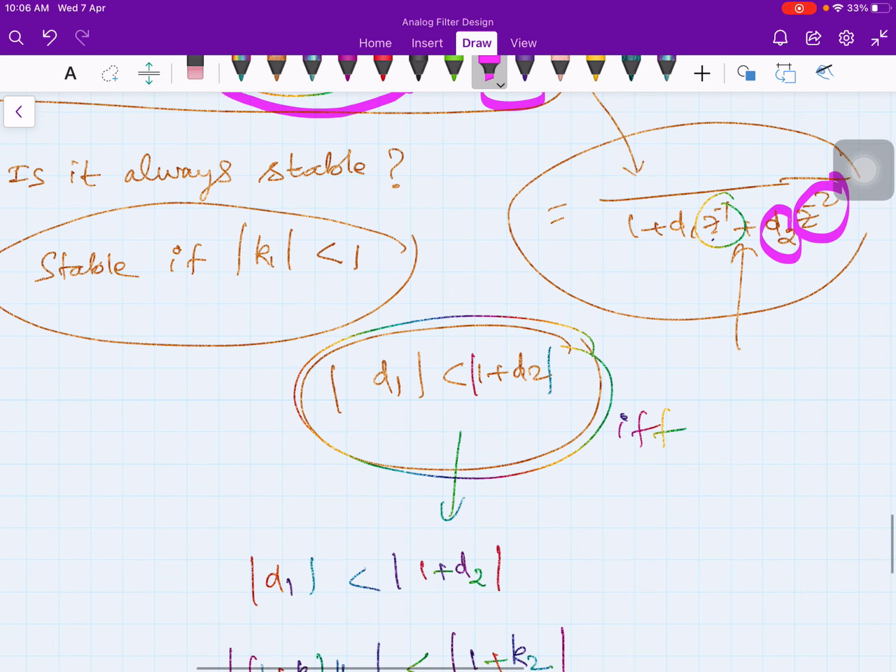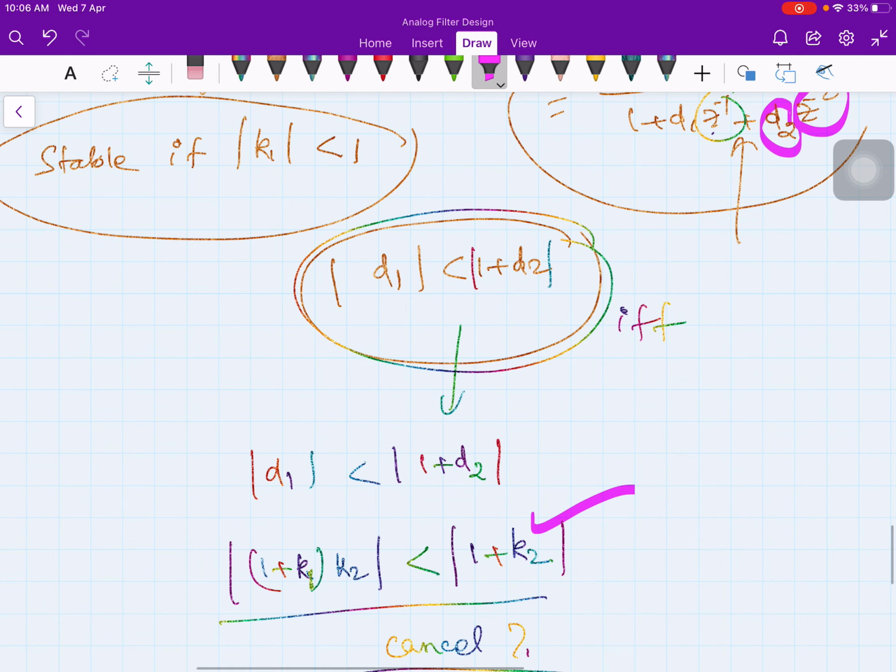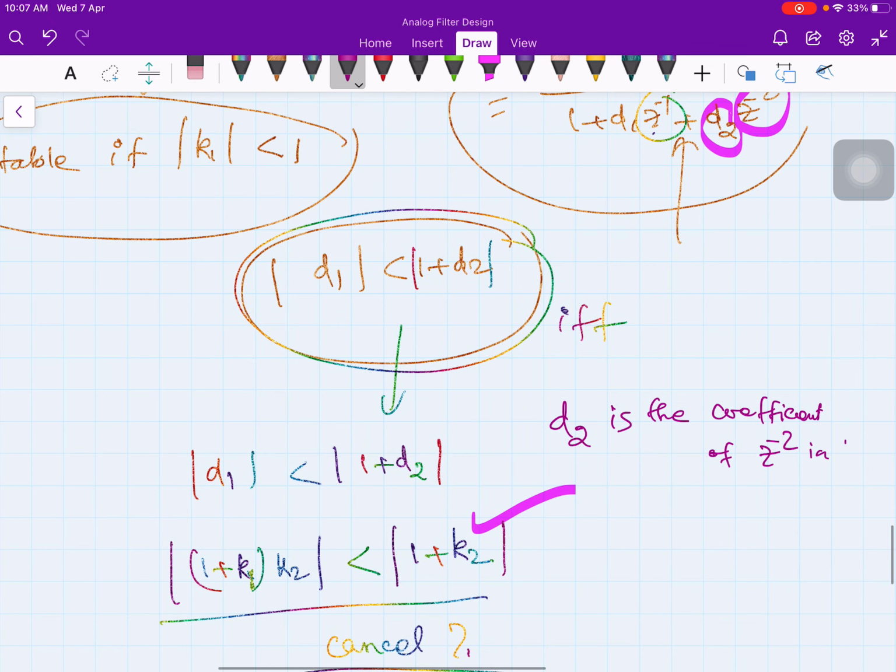So that coefficient I have written here, 1 plus d2. d2 is the coefficient of z to the minus 2 in the denominator polynomial. Similarly, d1 is the coefficient of z to the 1 in the denominator polynomial.